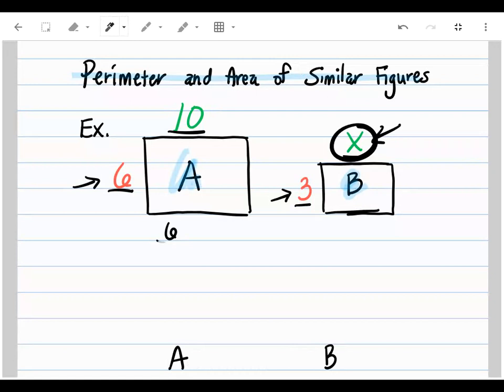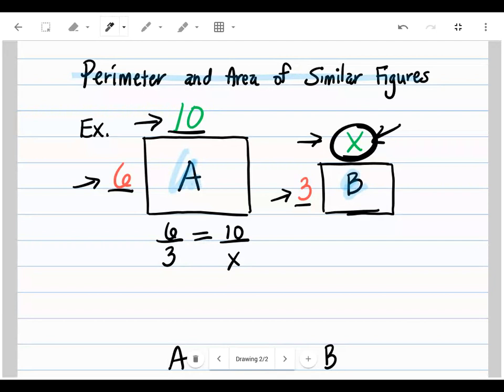So if we make a ratio, we'll have 6 over 3. That ratio should be equal to the ratio of 10 over X because 10 and X are corresponding. Now, it's no mystery here. I think most of us can probably tell what X is without doing this, but the idea, of course, was to use an example that reminds us of what we did in 7th grade without being too difficult.